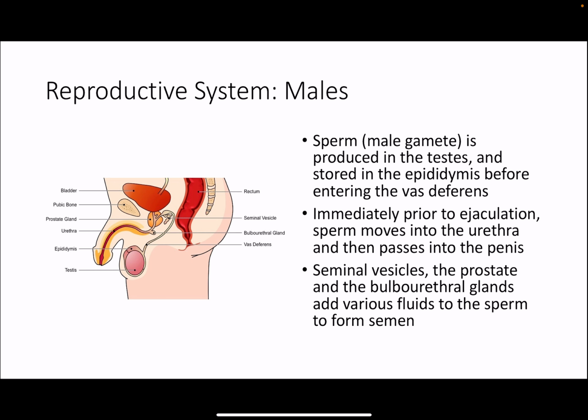So that actually is what distinguishes sperm from semen. So sperm are just the sperm cells, and then it becomes semen as it passes through these glands and gets all of this additional fluid added to it.